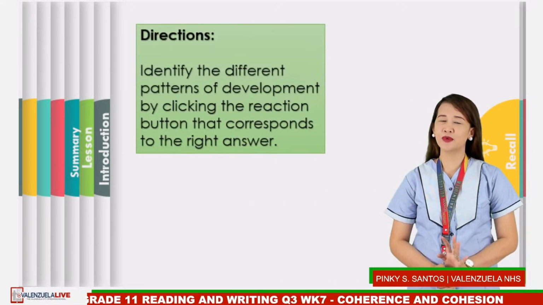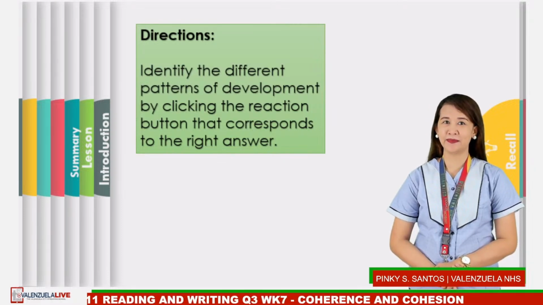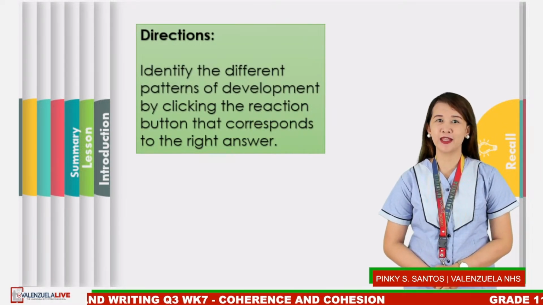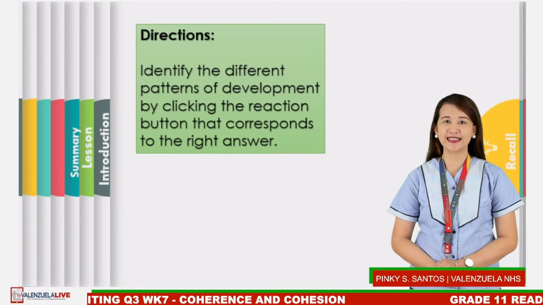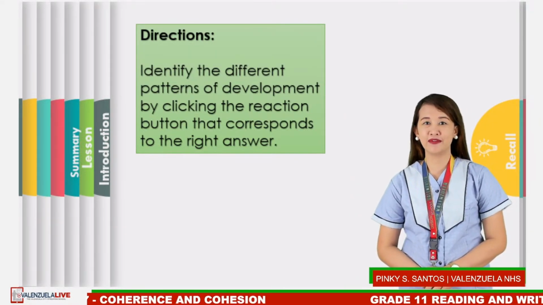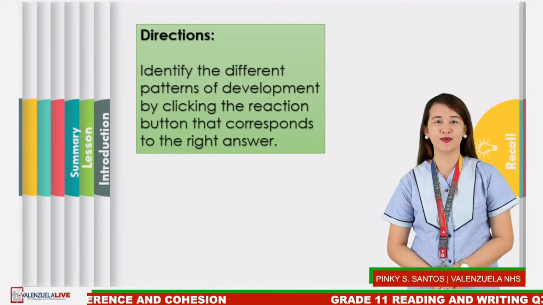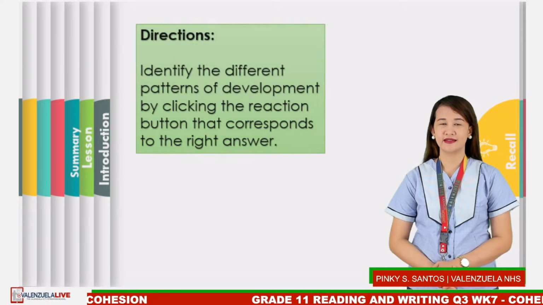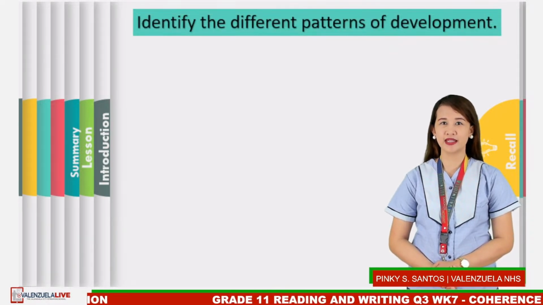First, let's have a recap of what happened last time. Directions: Identify the different patterns of development by clicking the reaction button on your screen that corresponds to the right answer. You will be given 5 seconds to do so. Question number 1.